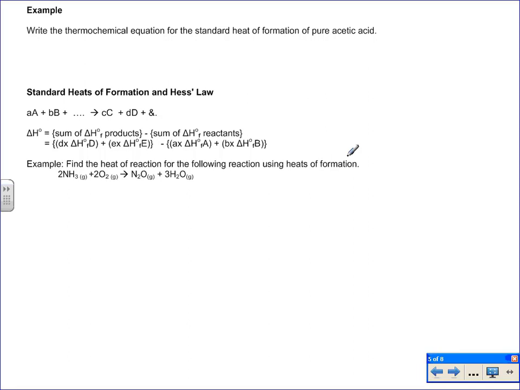So first, we'll look at how to write out the reaction for the heat of formation of pure acetic acid. In the short table that I've given you, you're not going to find the value, but if you look in the appendix in your textbook, you'll find the value for the heat of formation of pure acetic acid, which is a liquid, is negative 487.0 kilojoules.